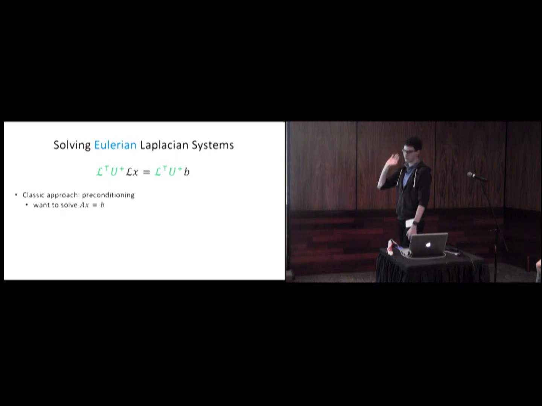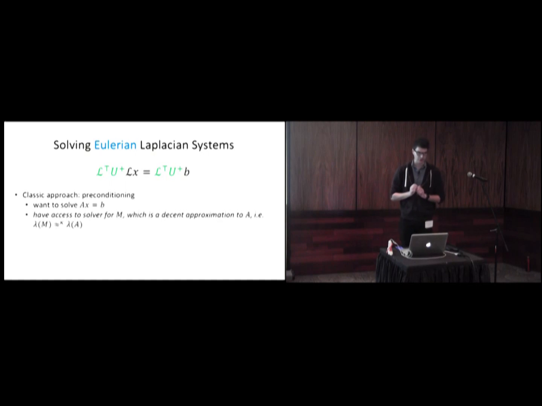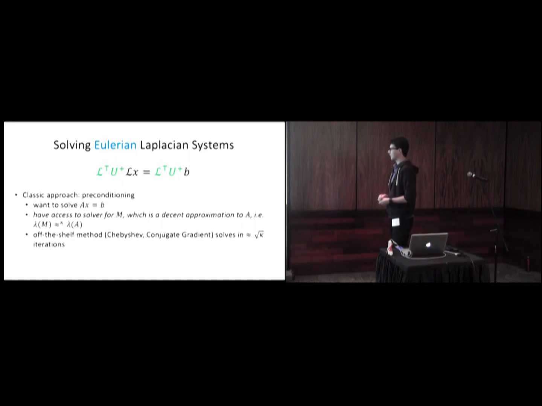The general philosophy behind preconditioning is the following: I want to solve a linear system, but I have access to a solver for a matrix that approximates the matrix in my linear system, in the sense that all eigenvalues approximate each other within a factor of kappa. By throwing standard methods at it, like Chebyshev iteration or conjugate gradient, we can get the solution for the system by using square root kappa iterations, that is, square root kappa calls to the solver for the matrix that approximates it. So this is what we're going to try to do over here.